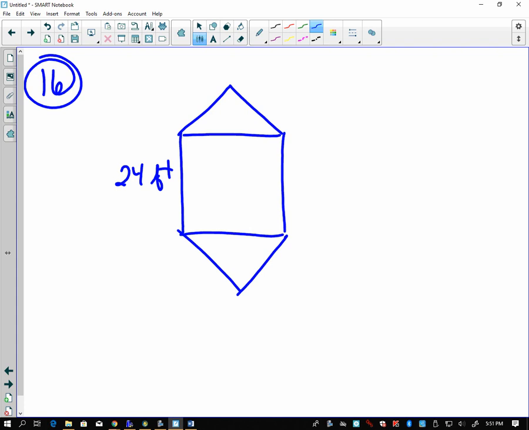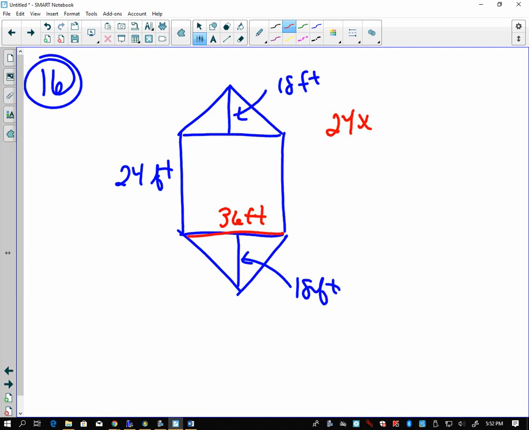They'll tell you that this is 18 feet, and that this is 18 feet, and that this length across here is 36 feet. All right, so you can start off by finding the area of your big rectangle in here, 24 by 36.